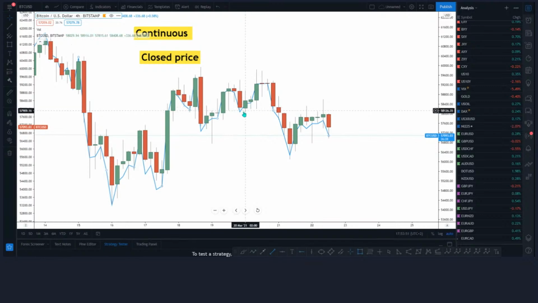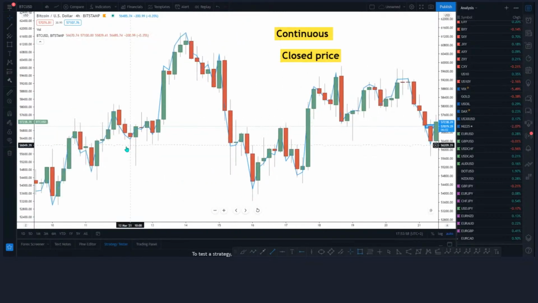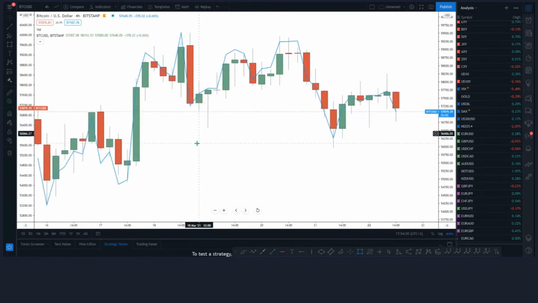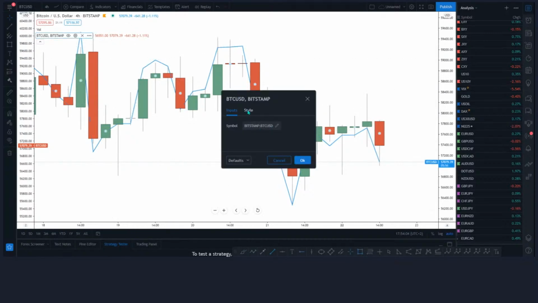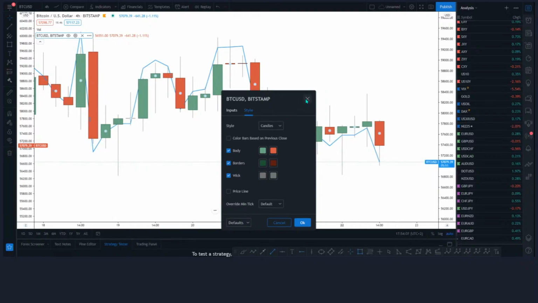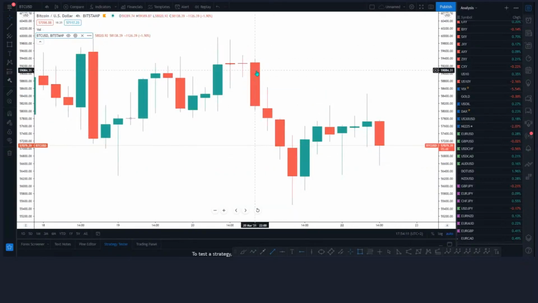It takes the close price and attaches them to each other. Okay. You can change it. So what I mean by this, let's do the opposite. Let's put this as candles and let's put the other one right here as line.